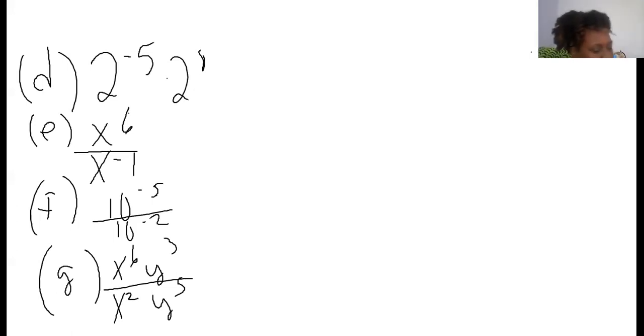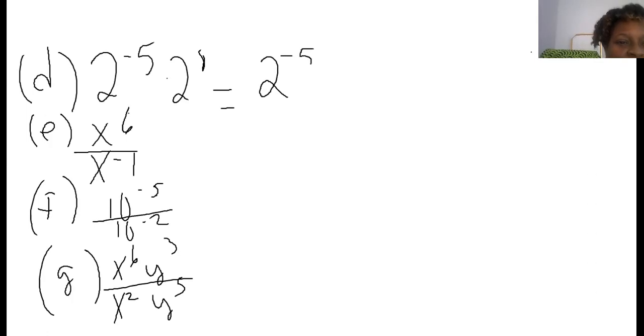All right, so let's look here at model D. 2 to the negative 5th times 2 to the 8th power. So what do we conclude here with this negative exponent? Well, first things first, we must apply the power rule. So we realize with the same base, we're going to take negative 5 plus 8.